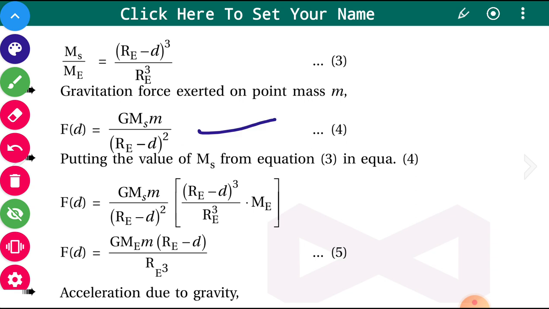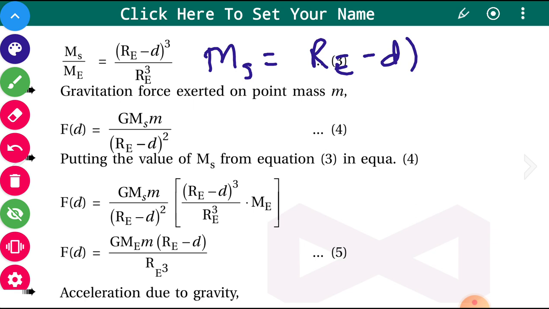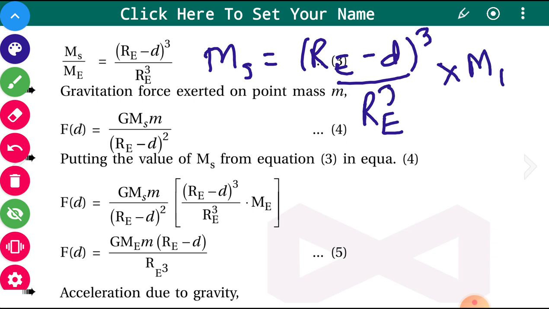Now putting the value of ms from this equation into this equation: if you make ms the subject of the formula, then ms is equal to (Re minus d) the whole cube divided by Re cube, multiplied by Me.